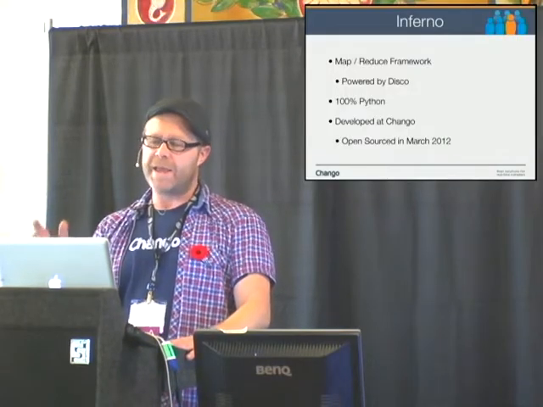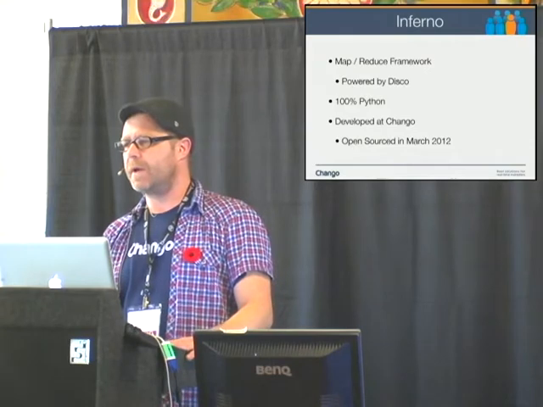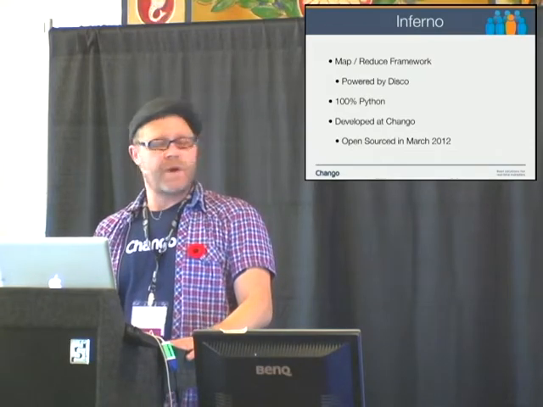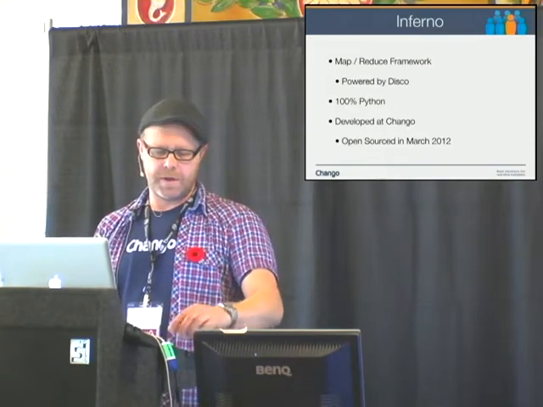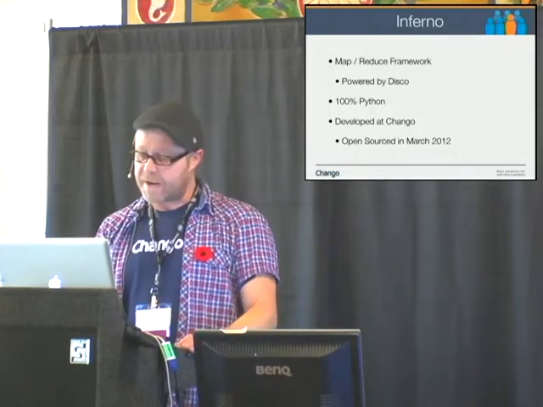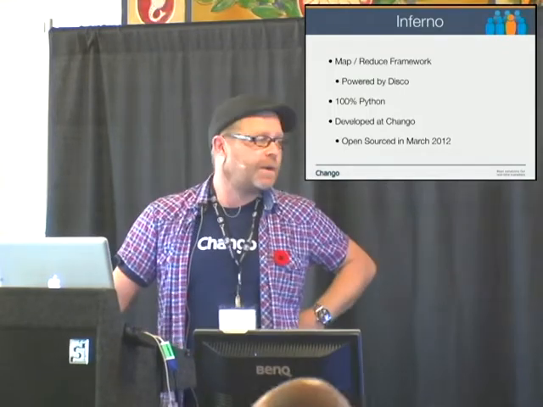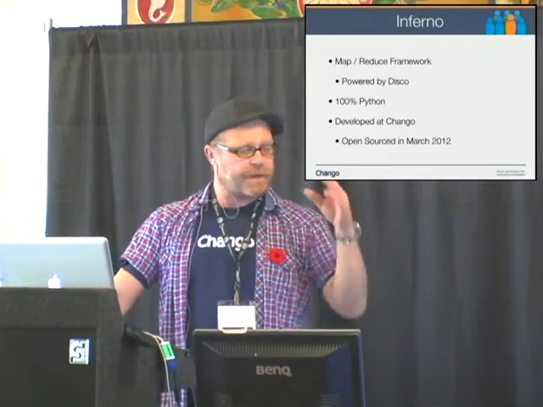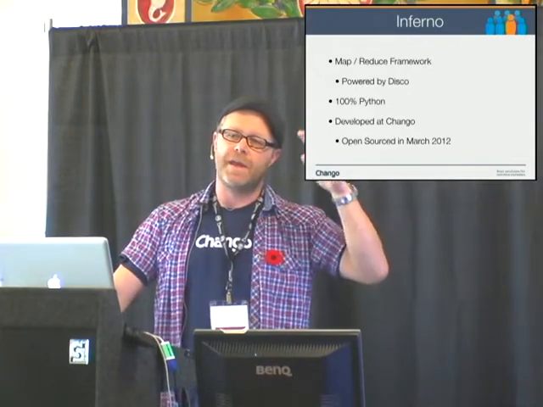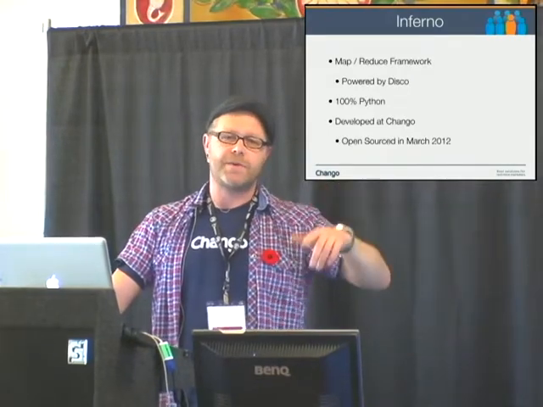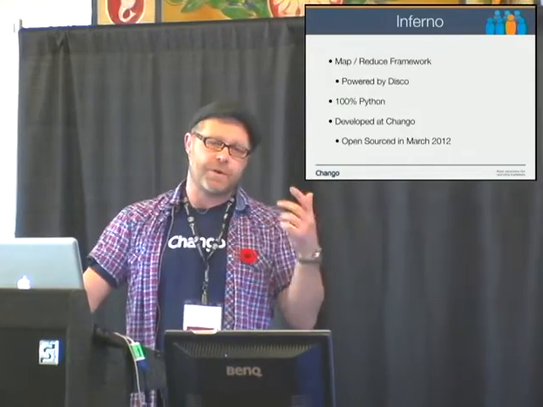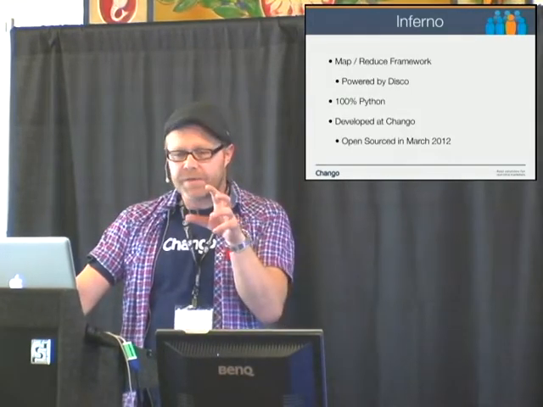So Inferno started out as kind of a rule-based approach to doing MapReduce. We've got a lot of types of jobs that we like to do. One of the things we want to do is take logs and populate a data warehouse kind of automatically. So Inferno's running.